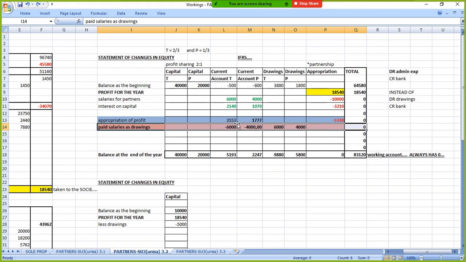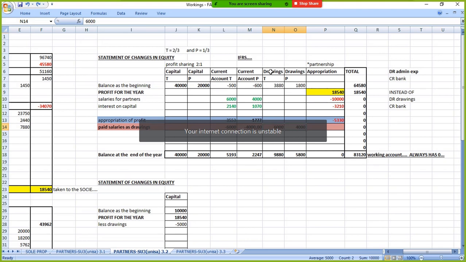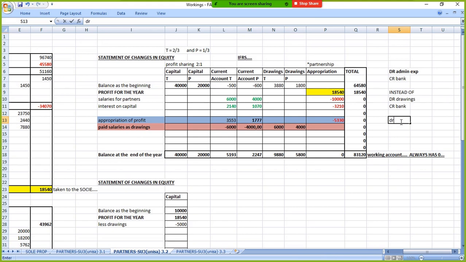Because you're taking it out of the current account because it's drawings. See, it's basically like you paid salaries on the top, which is positive, and then it's like you took it away. Because it's paid, it's going to affect the current account because I'm taking it out of drawings. Because it's drawings. Debit drawings.